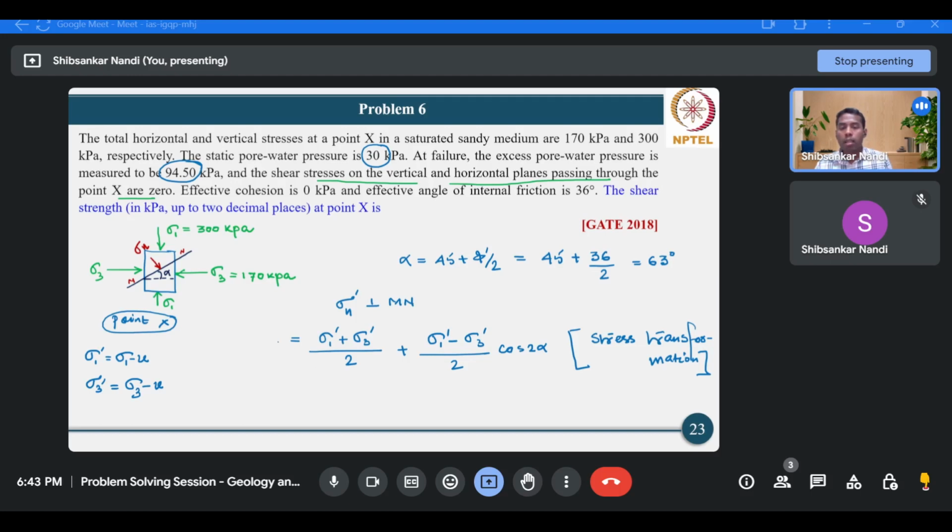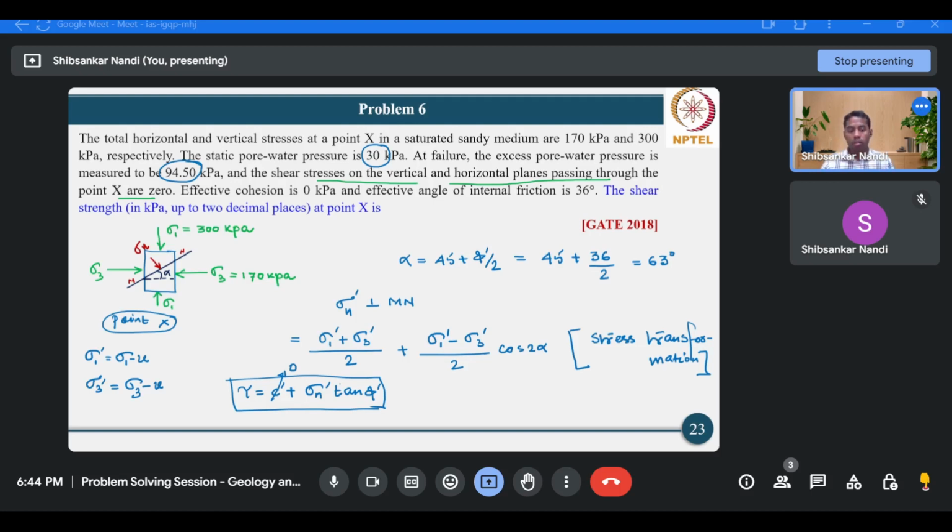Now once this sigma n prime is known, we can calculate the tau value as sigma n prime tan phi prime. For this problem, your c prime value is 0, leaving behind only sigma n prime tan phi prime.